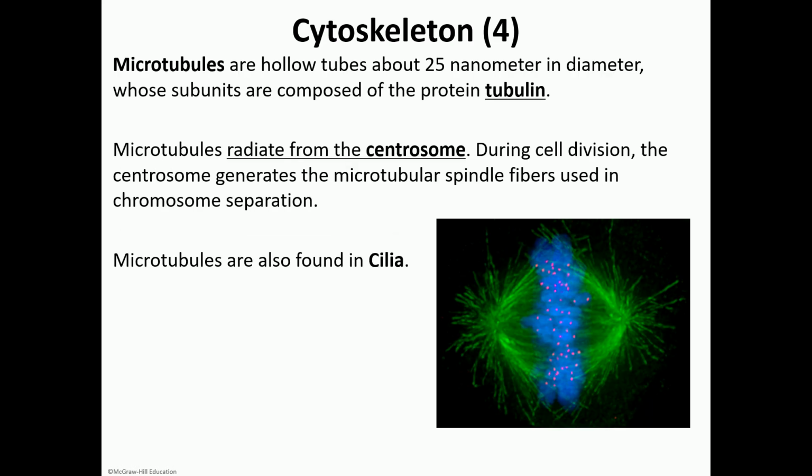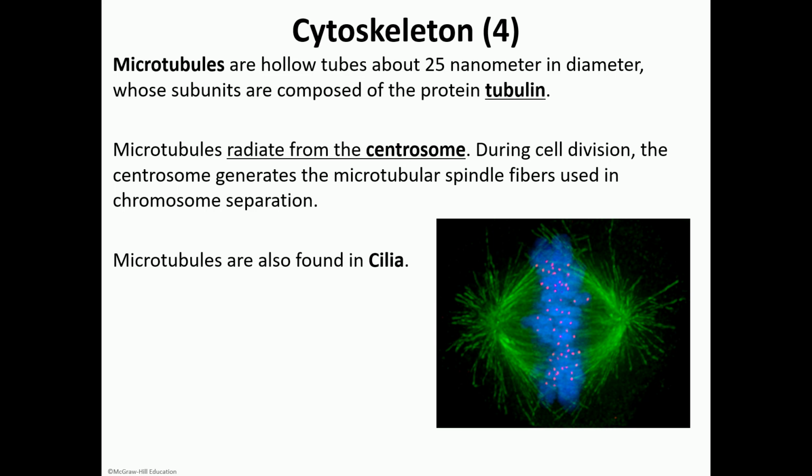Now the microtubules, okay, made out of a protein known as tubulin, are really important during cell division. Right here is an electron microscopic picture of mitosis, which means the splitting of the chromosomes or splitting of the nucleus.